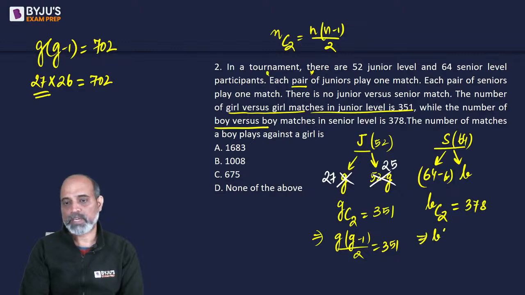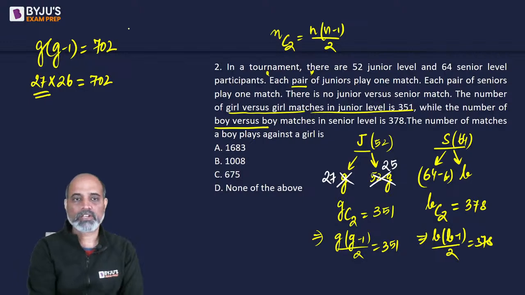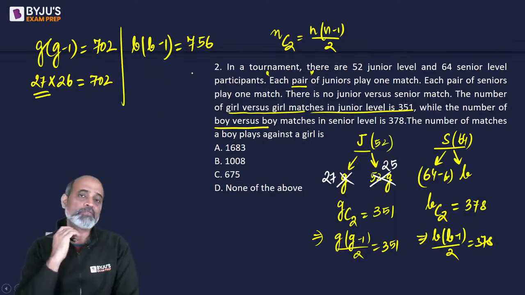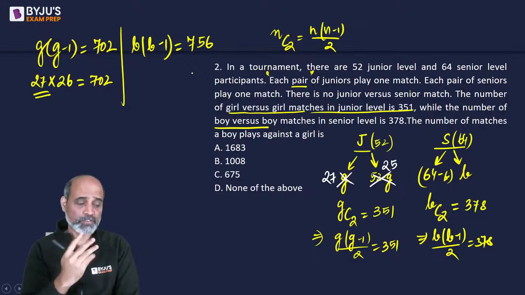So that means B into B minus 1 whole divided by 2 is 378. So B into B minus 1 is equal to twice of 378, which is 756.